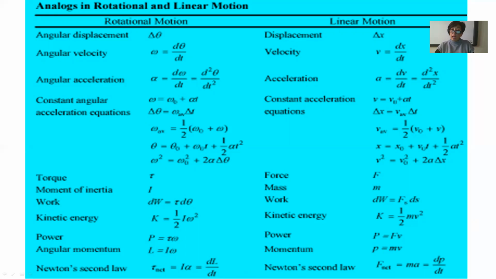For linear motion, Newton's second law is F equals m a, or in the second form, the first derivative of momentum with respect to time. For rotation, it is the first derivative of angular momentum with respect to time. This is the table of analogies between rotational and linear motion.